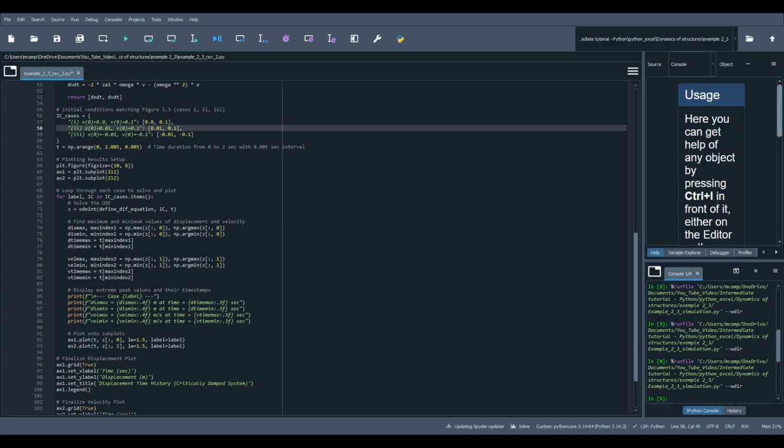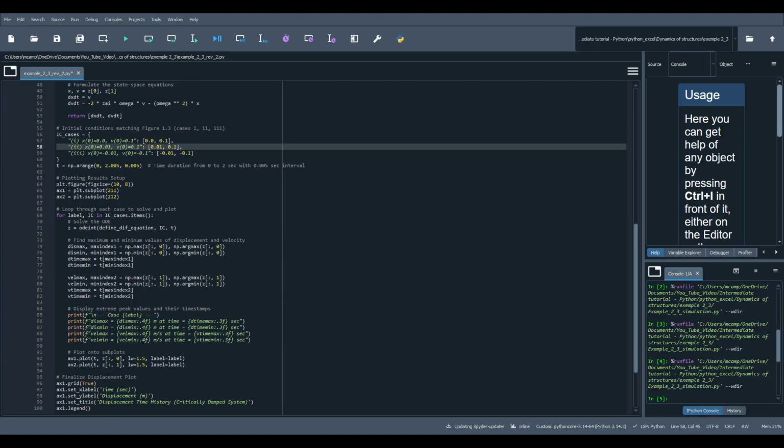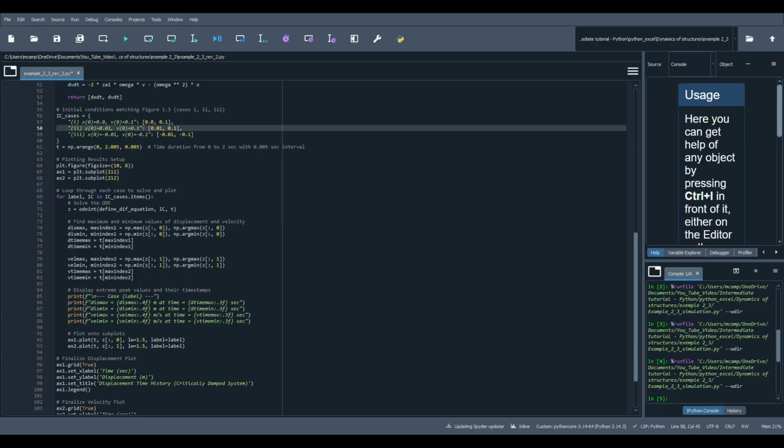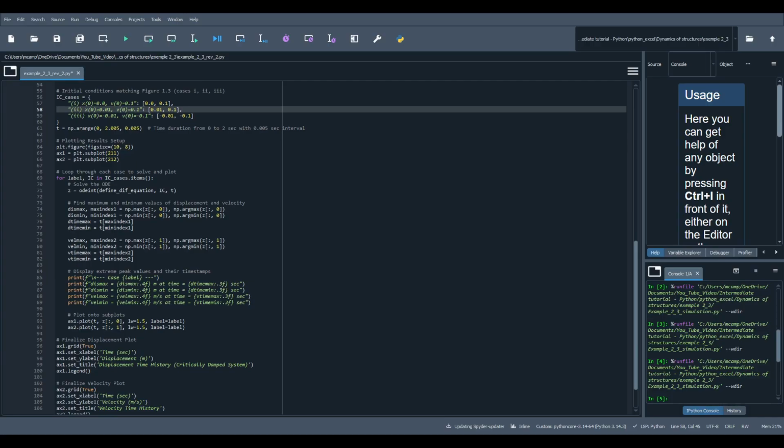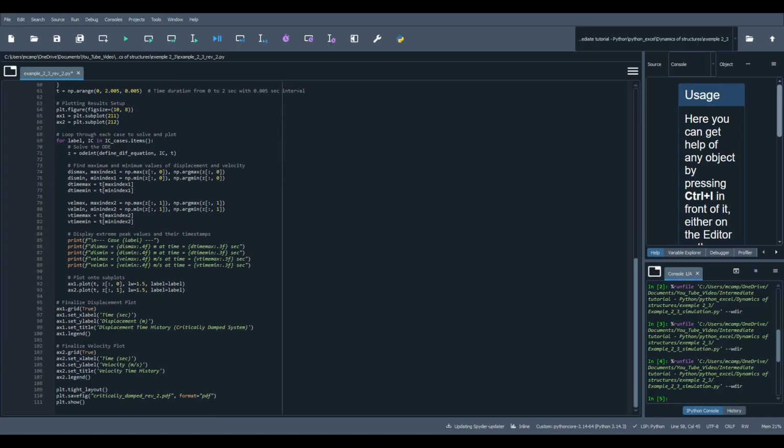After there is the loop which takes into account the three different cases, case 1, 2, and 3, and solves the equation here at line 71, solving the second equation, and prints the maximum, minimum and all parameters, and displays these values.